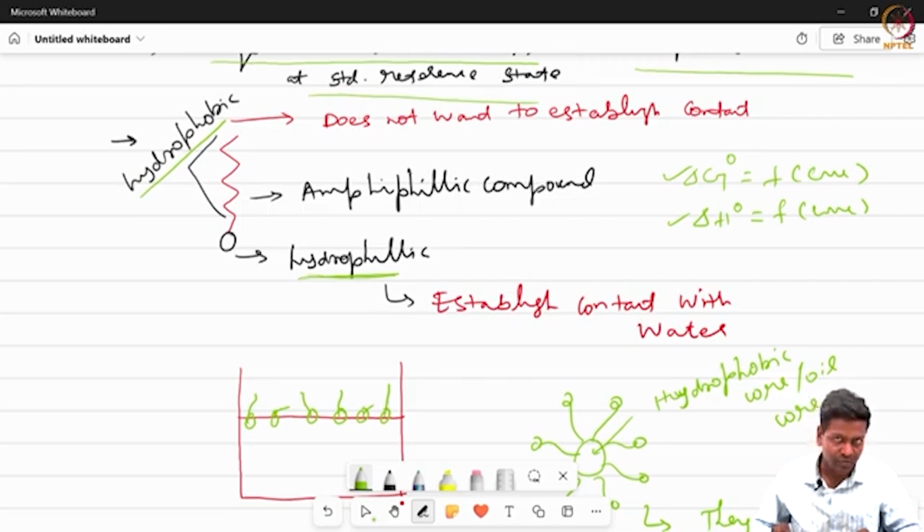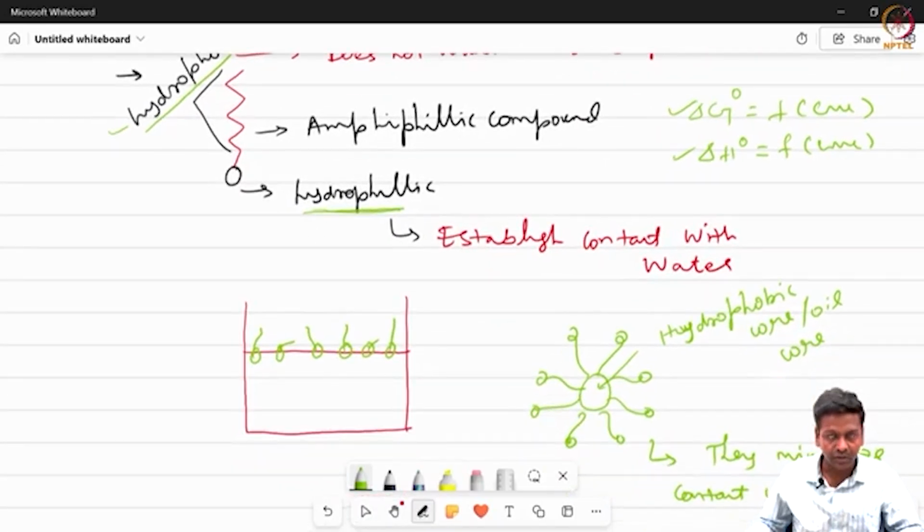We're talking about aqueous solution here. Now, on the other hand, the hydrophobic part would want to minimize its contact with the water molecules. So this is the reason why they have a natural tendency to self-assemble.